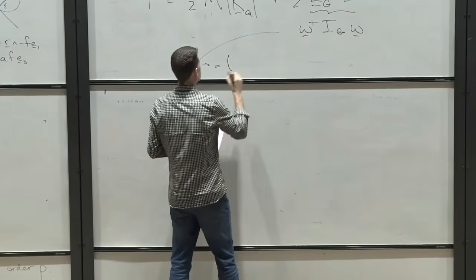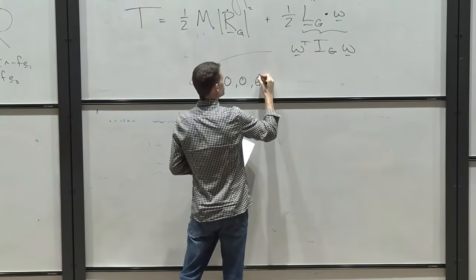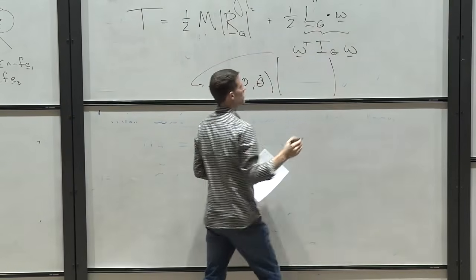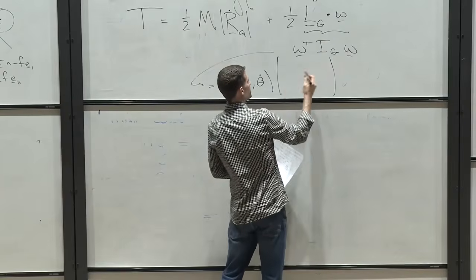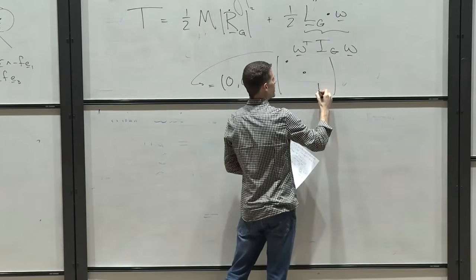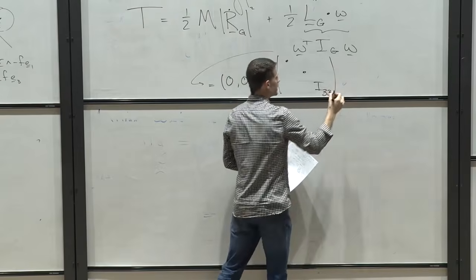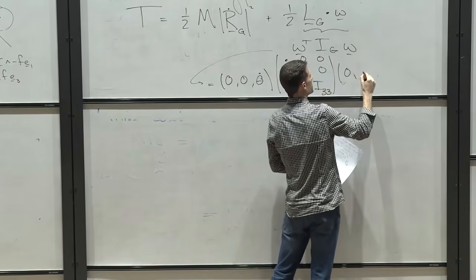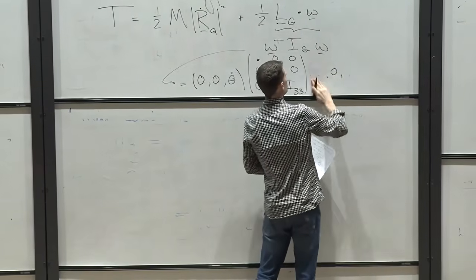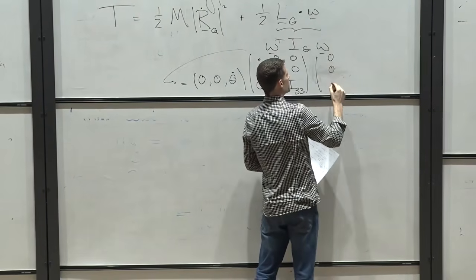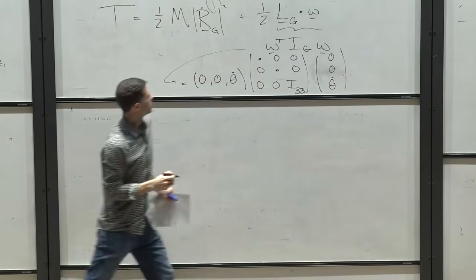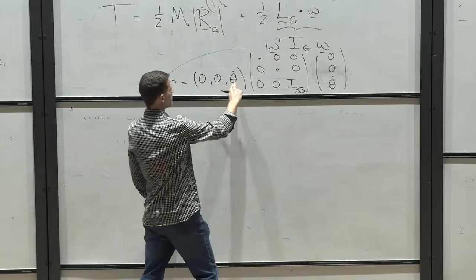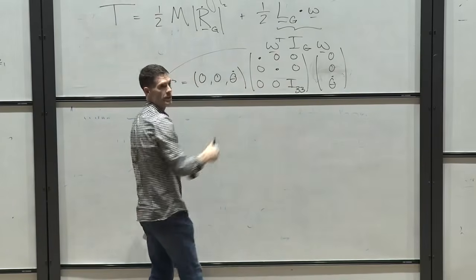So this is like 0, 0, theta dot times I_g. Well, I_g has diagonal terms that I don't really care about, and down here I33, or whatever we called that last time, times 0, 0, theta dot. And again, those terms aren't going to matter because I multiply this through and I just get I33 times theta dot squared.